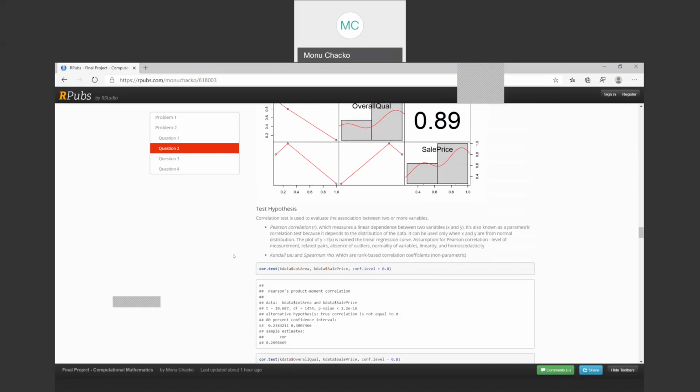There should be an absence of outliers. You could also use other rank-based correlation models, but then you have to specify that in this input here.